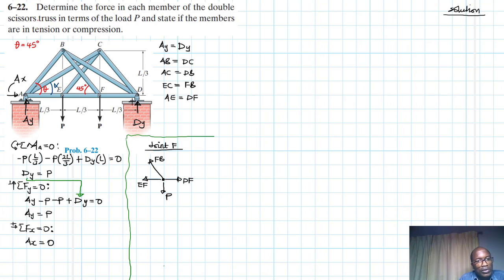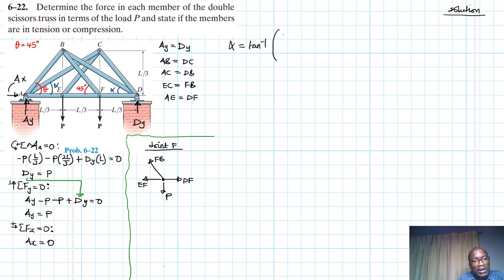I'll write it here on top. Of course this is also alpha, right? This is also alpha. What is this alpha here? Let's find alpha. So we know that alpha is going to be equal to tan inverse of this height, this opposite is CF, right?